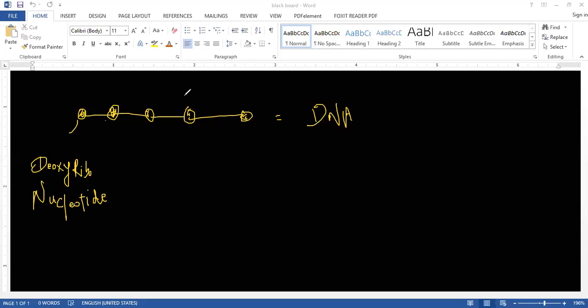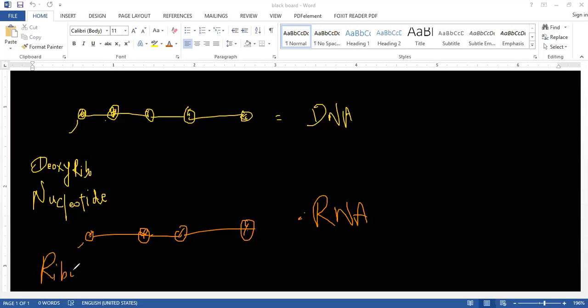And if it's an RNA, every spear shape would be a ribonucleotide. One is one ribonucleotide, right? So this is what you have to know. The basic structural unit of DNA is the deoxyribonucleotide, and the basic structural unit of RNA is the ribonucleotide.